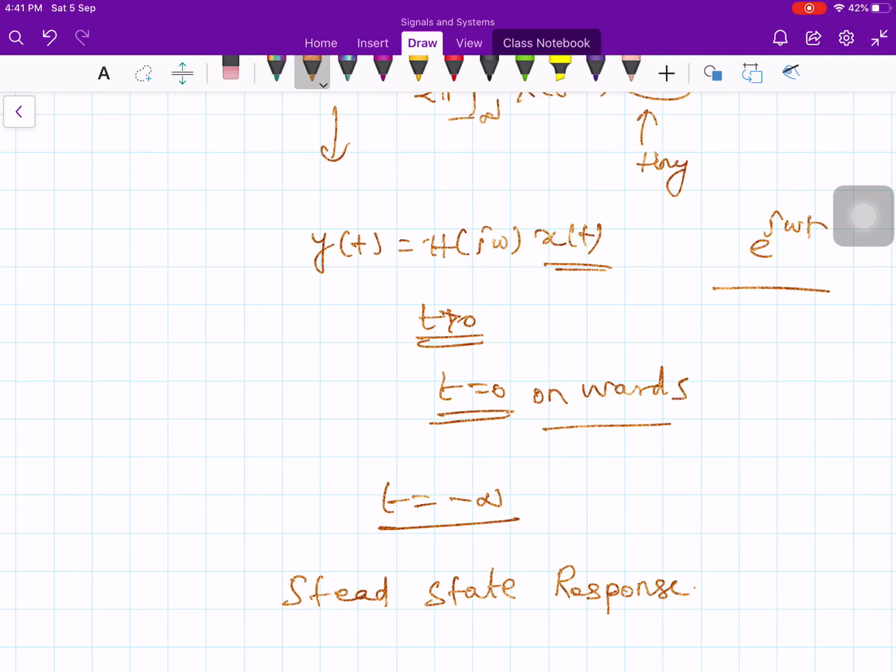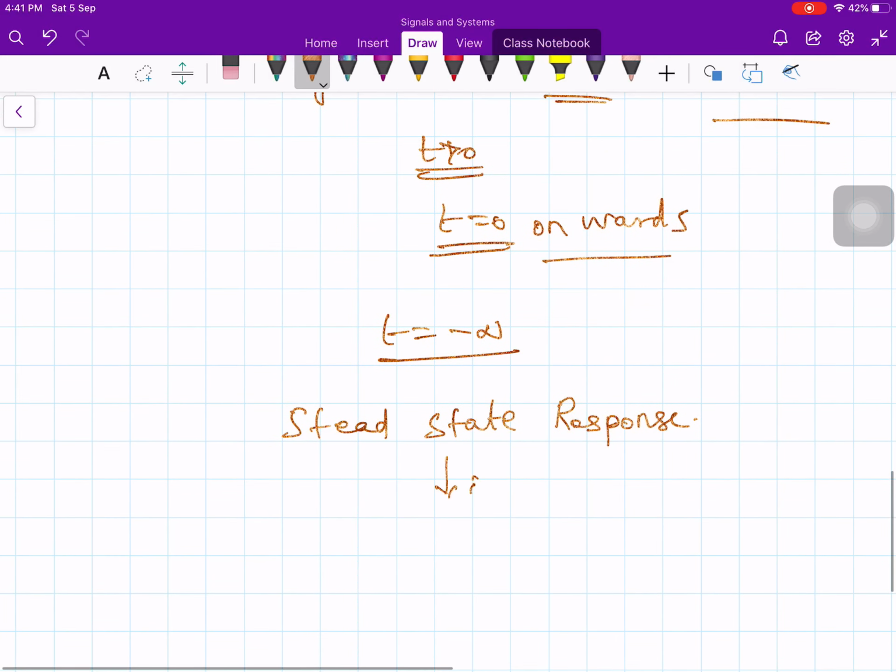It includes natural terms, that is the complementary solution, then the forced response starting from t equals 0, that is the particular integral.